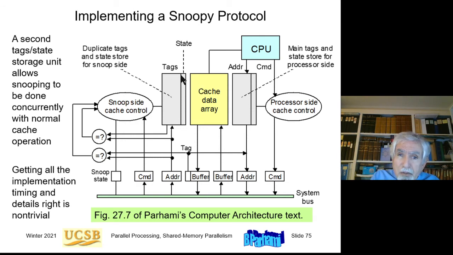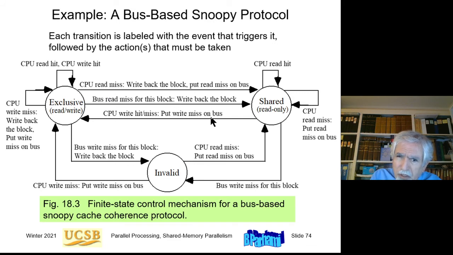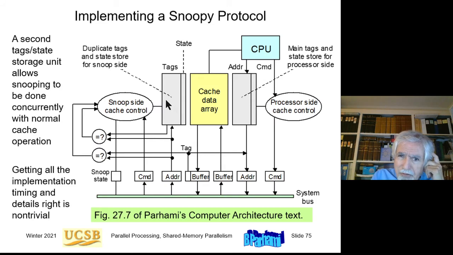There is a second tag store here that is used for snooping or monitoring the bus. Whenever a transaction on the bus occurs and there's an address, we check to see if that address is inside this cache. Remember that processors are monitoring the bus, and when they see something on the bus, they check to see if they hold a copy.